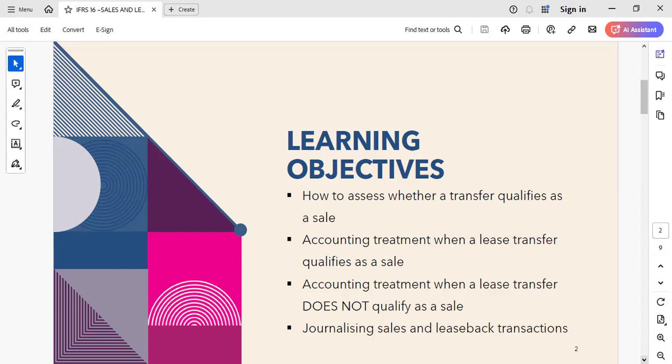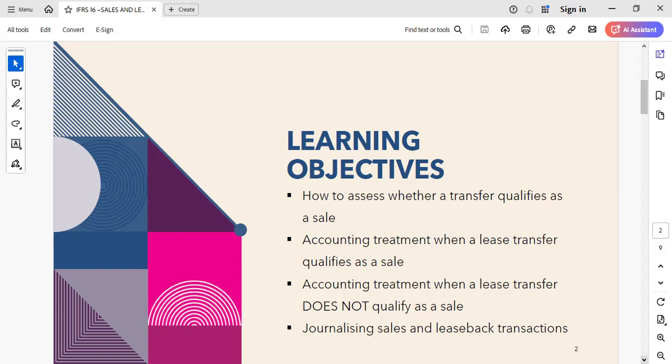Besides, we also want to look at what a sales and leaseback is. In the previous video, if you want to lease an asset, you don't want to buy it outright. You go and lease an asset from the owner of the asset, called a lessor, and then you pay some form of premium, let me put it that way, and we call it the lease rental that you pay to the lessor.